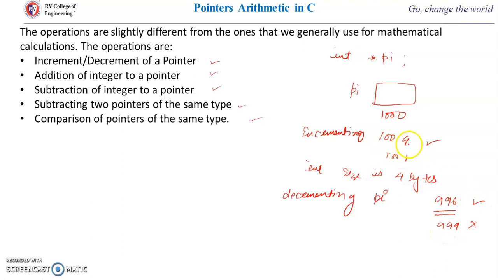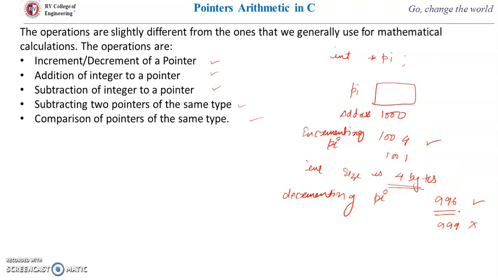Because the address of pi is 1000. So incrementing pi will give me 1004 and decrementing pi will give me 996, because the address is 1000 and the size of integer is 4 bytes. So 1000 minus 4, we get 996.